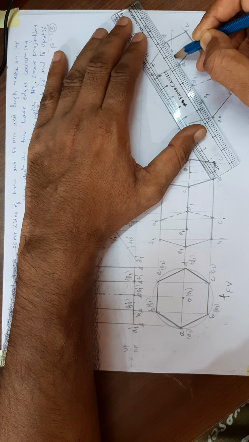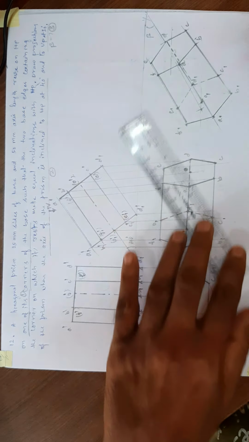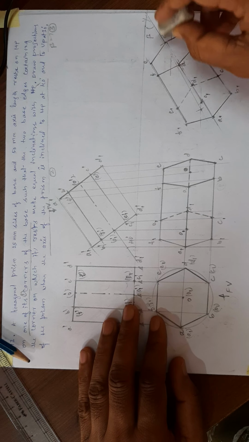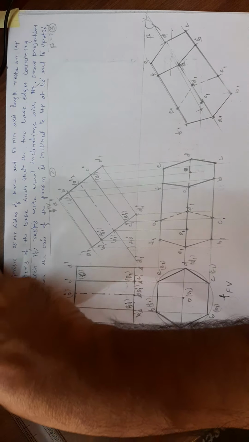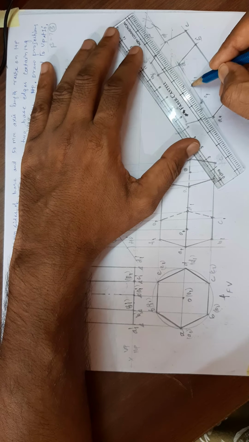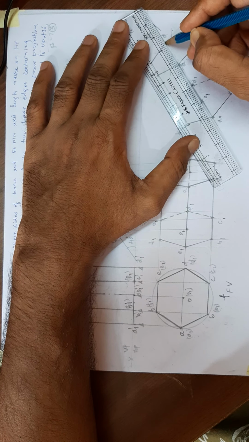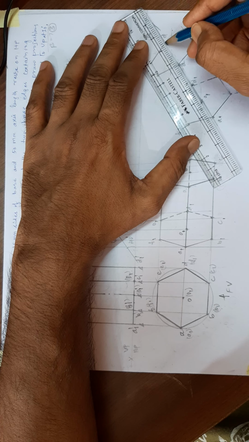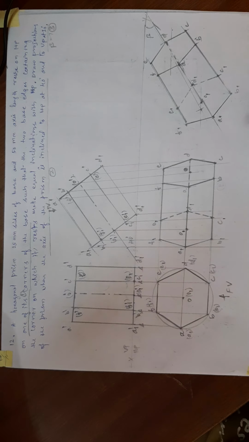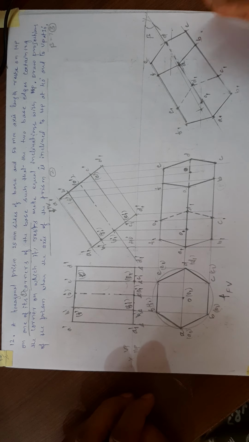So here you have to take the line on the XY line only. Now this point is O1. So D1 to D is a dotted line. That's the line. Like this. So reproduce this line here. Okay, so the top view is over.